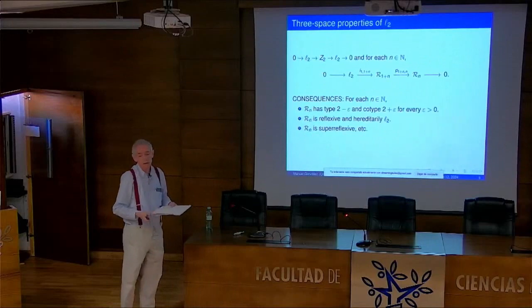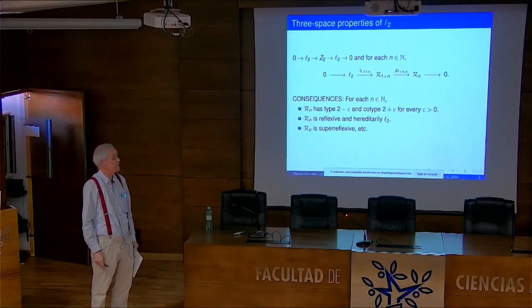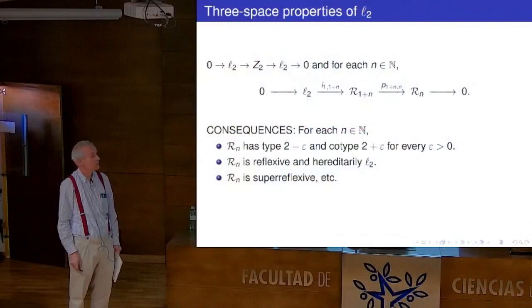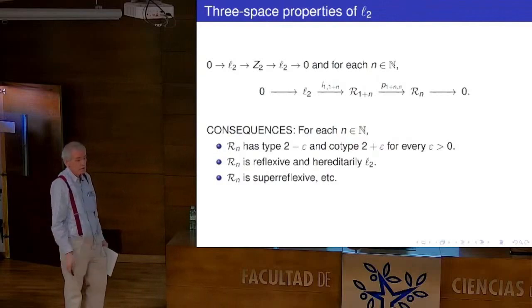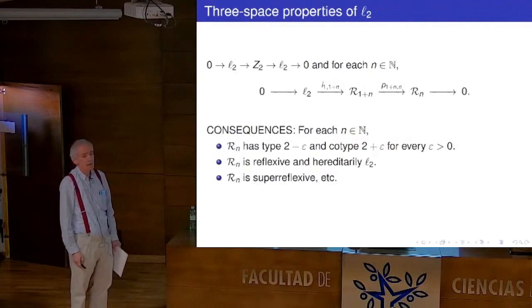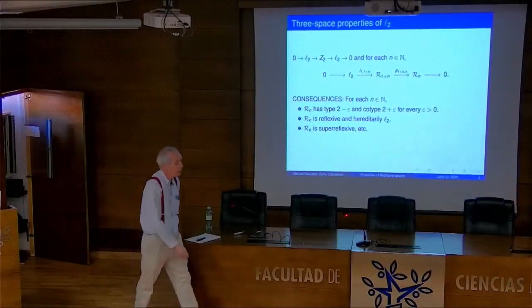Well, this is more or less a standard result, and it is the fact that the Rn spaces inherit all the three-space properties that Hilbert space has. Because, well, for example, Z2 is the twisted sum of two copies of L2, and this exact sequence shows inductively that the Rn space is a twisted sum of n copies of L2.